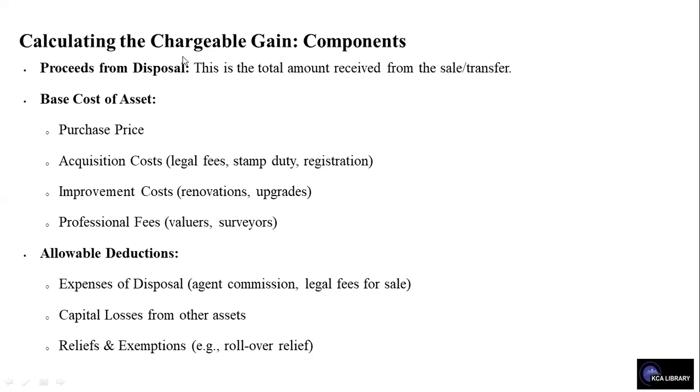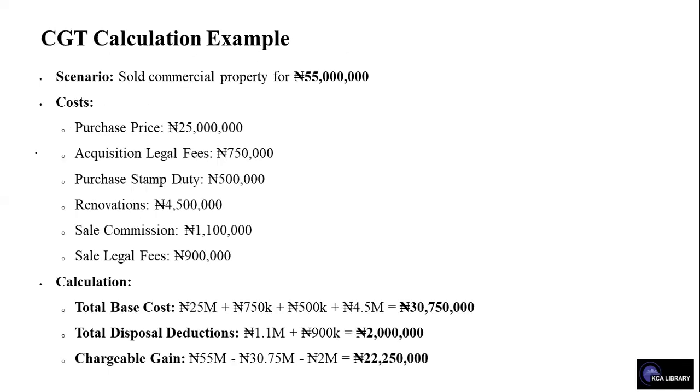The base cost of assets includes the purchase price, the acquisition costs, the improvement costs, and also the professional fees. For allowable deductions, we have the expenses of disposal, the capital losses from other assets, and lastly, the relief and exemptions, for example rollover relief.